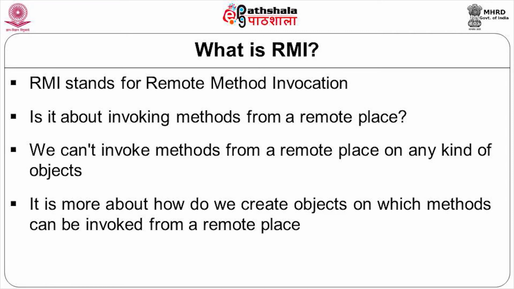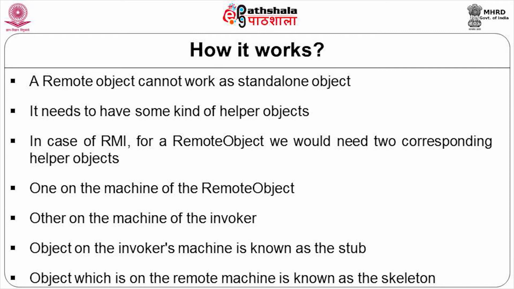Okay, to achieve this invocation of methods from a remote place on any object, let's call this kind of an object a remote object. So if we want to achieve this method invocation on a remote object, this kind of an object would not work as a standalone thing. It needs to have some kind of helper objects available for it.